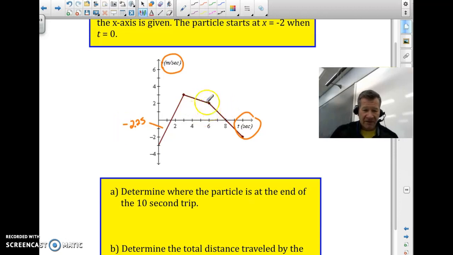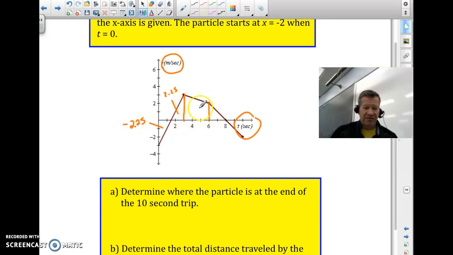Now here I have an odd shaped thing. I can break this up into a triangle, which looks to be the exact same size as this one, so that would be 2.25. And then it looks like I can have a trapezoid right here. This trapezoid has a height of 3, one base of 3, and another base of 2.